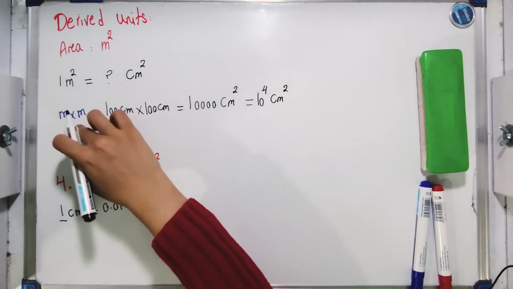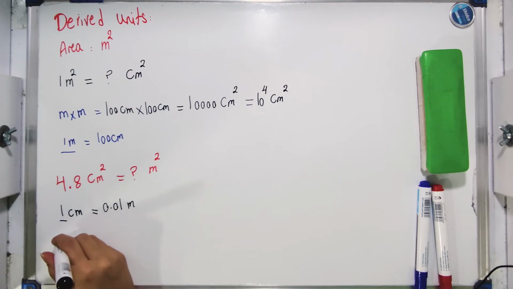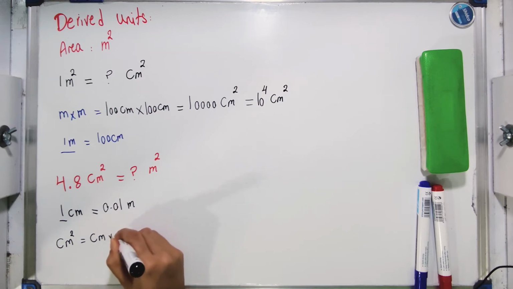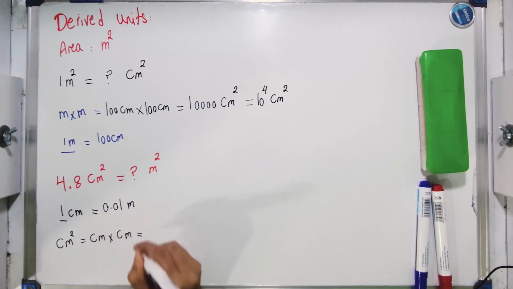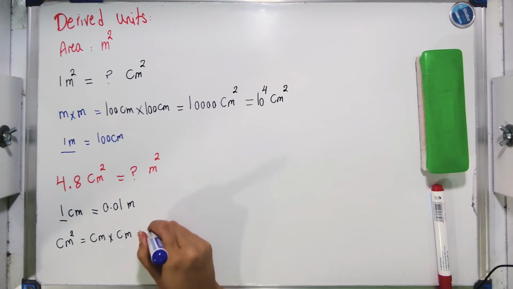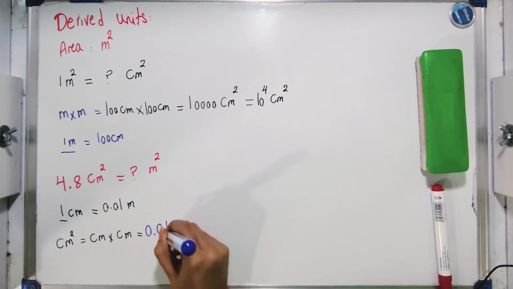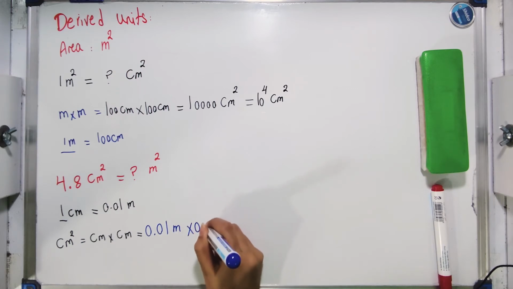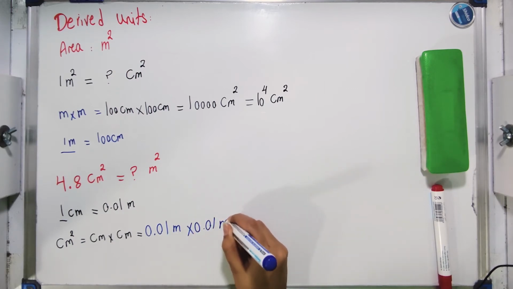Now, look here, I can say square centimeter is equal to centimeters times centimeters. Instead of every centimeter, I'm going to put 0.01 meter times 0.01 meters.